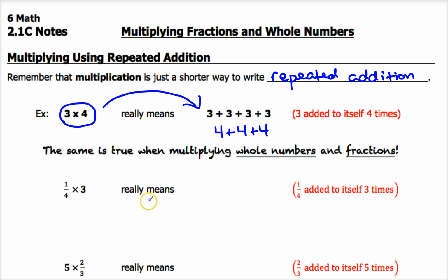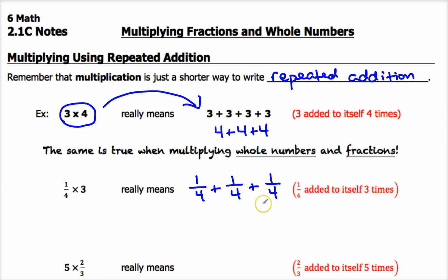The same thing is true when we take whole numbers times fractions. So for instance, if we had 1/4 times 3 down here, that would mean the same thing as 1/4 added to itself 3 different times. 1/4 plus 1/4 plus 1/4. Well, you already know how to add fractions. Okay, we know for fractions we need to have common denominators.